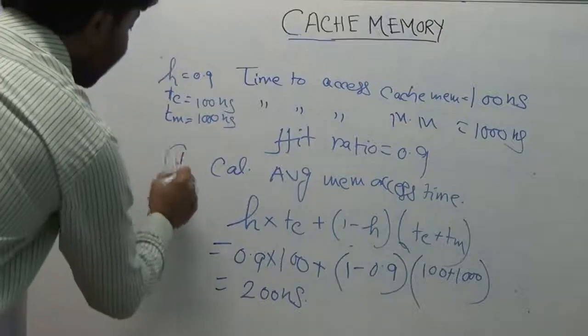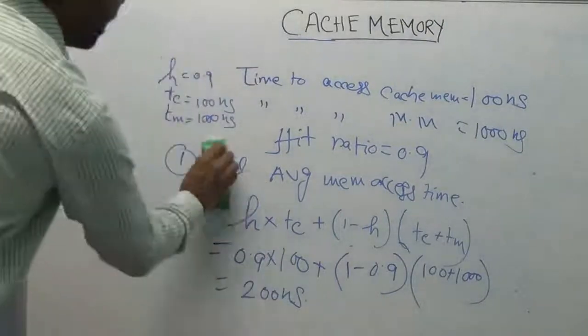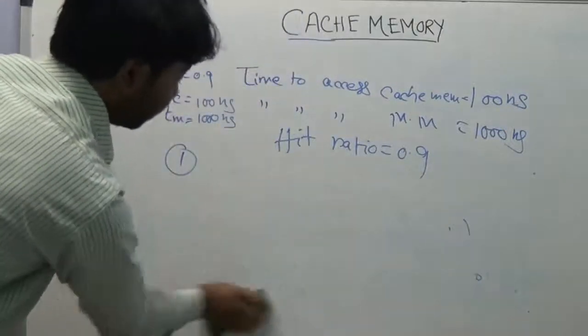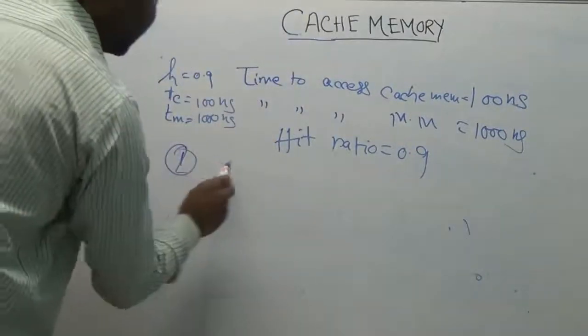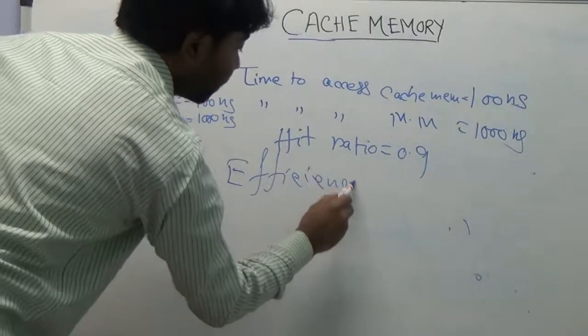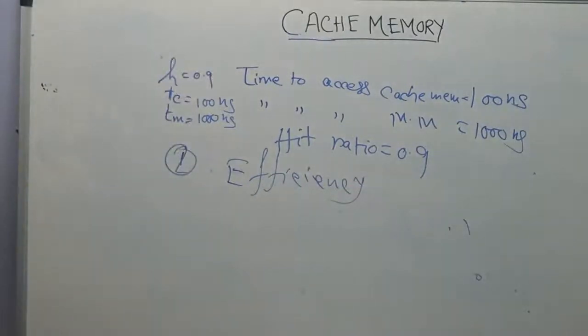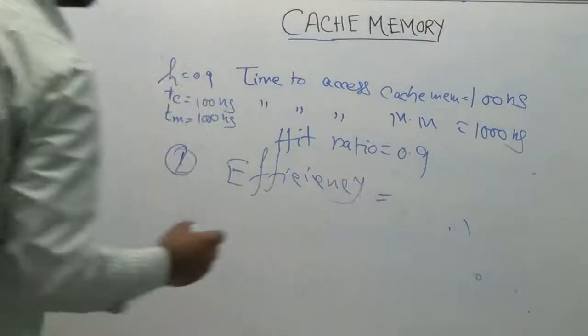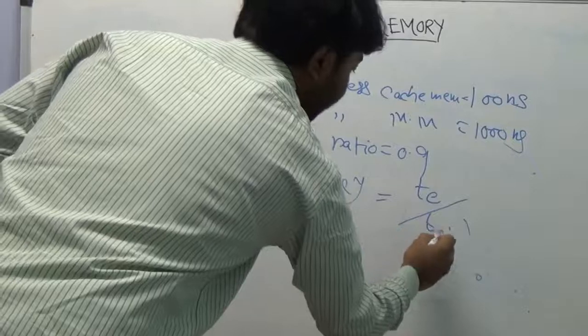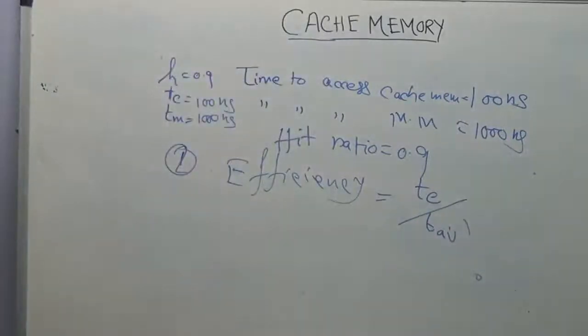Here is another part that we have to compute. Number 2 is efficiency of the cache memory. We will calculate the efficiency of the cache memory by the time to access cache memory divided by average memory access time.